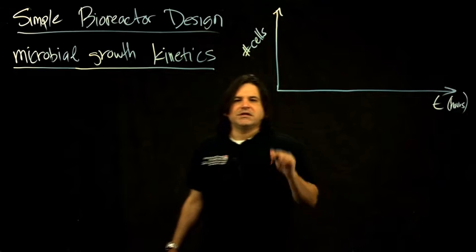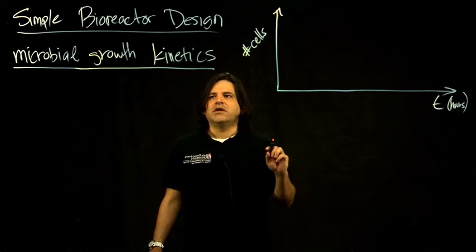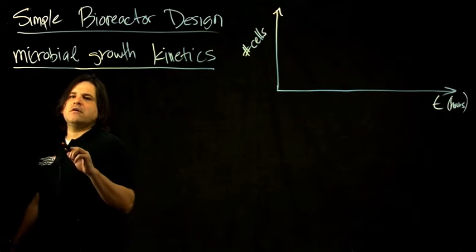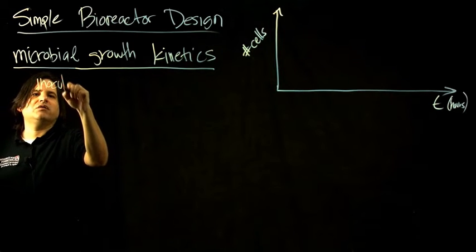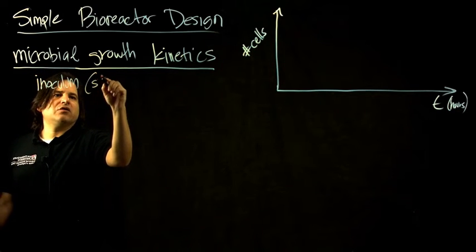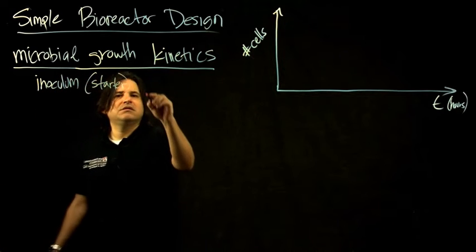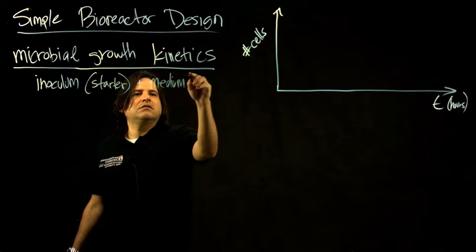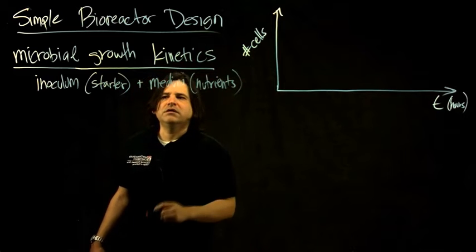There are some characteristic features of this growth and death of cells. If you have a starter, what's called the inoculum, meaning you inoculate this with life, little microbes, this is your starter set of cells, plus some medium, which is the nutrients that it needs to live, grow and replicate.